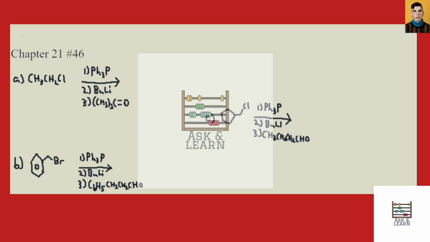One strategy to approach this might be to write the alkyl group from the alkyl halide that's going to end up contributing the left half of the product, and then write the piece that's going to come from the carbonyl compound, and then just connect them with a double bond.